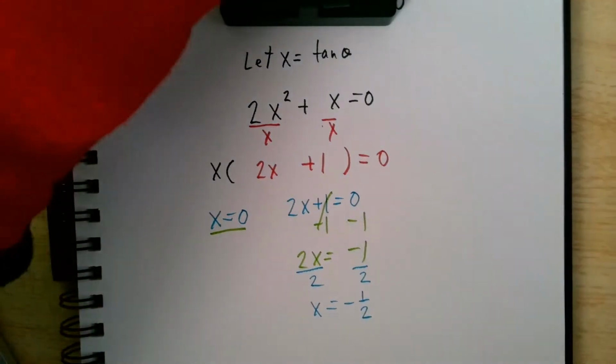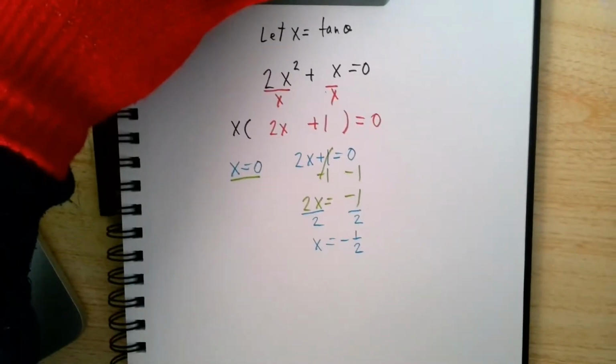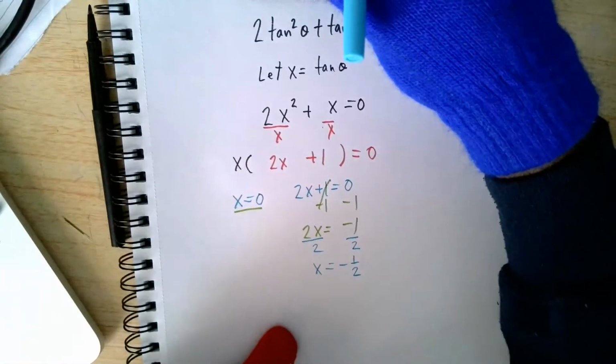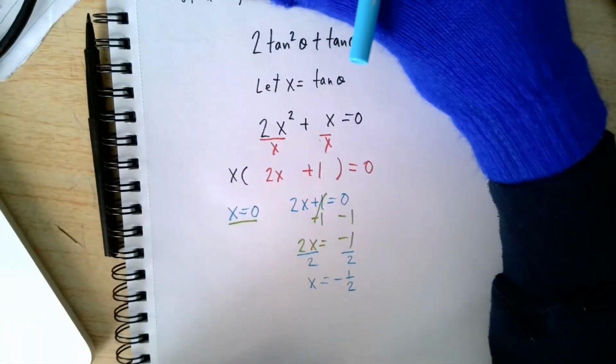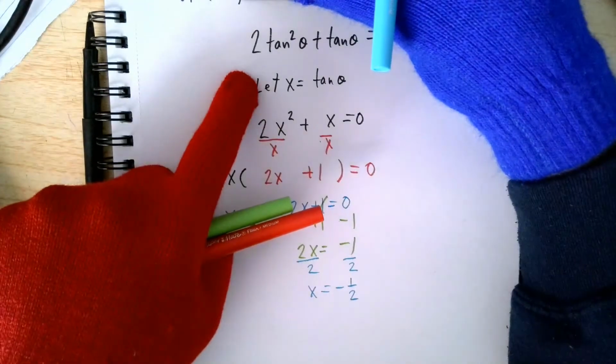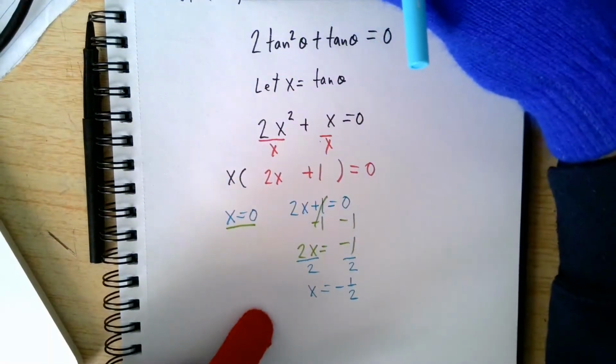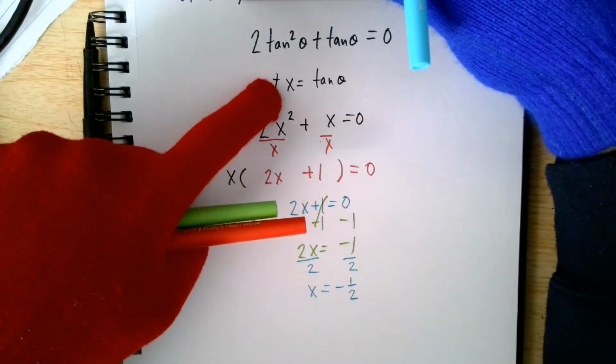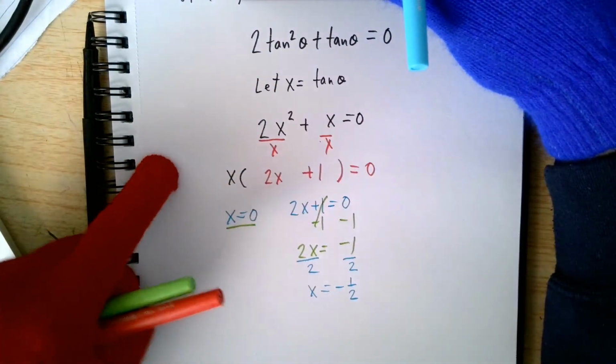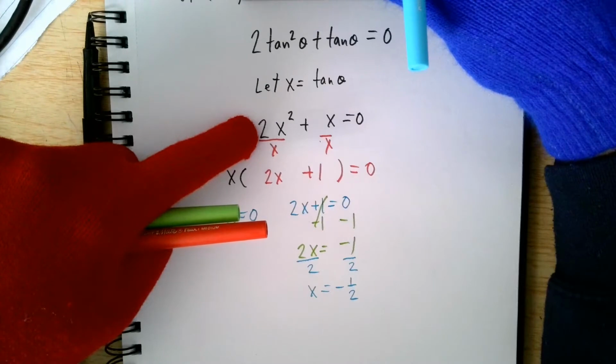Okay? So let's stop and take a look at what we did as a whole, and see how we got to this point and what we're going to do next. We started out with 2 tangent squared theta plus tangent theta equals 0. I let x equal tangent theta, did that substitution, and got 2x squared plus x equals 0.